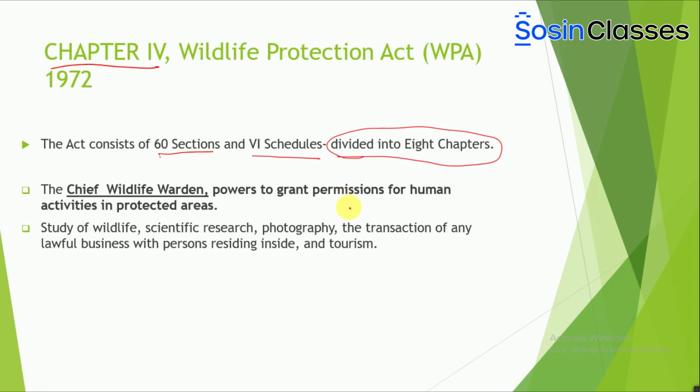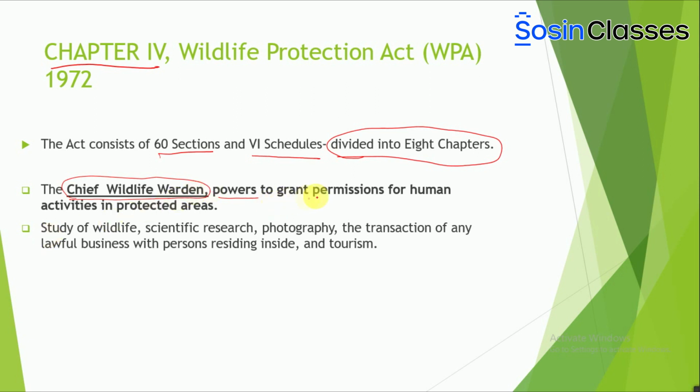In these 8 chapters, the 4th chapter grants powers to the Chief Wildlife Warden to give permissions for certain human activities in these protected areas. It is very important to understand how the Chief Wildlife Warden plays an important role in conserving the protected areas.